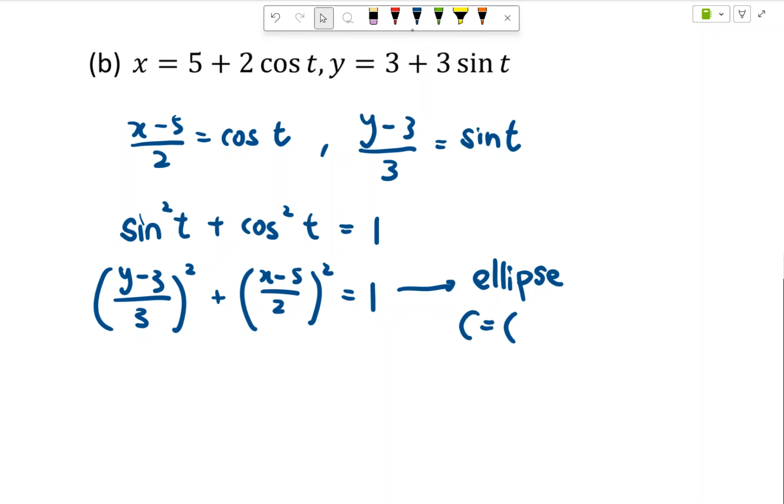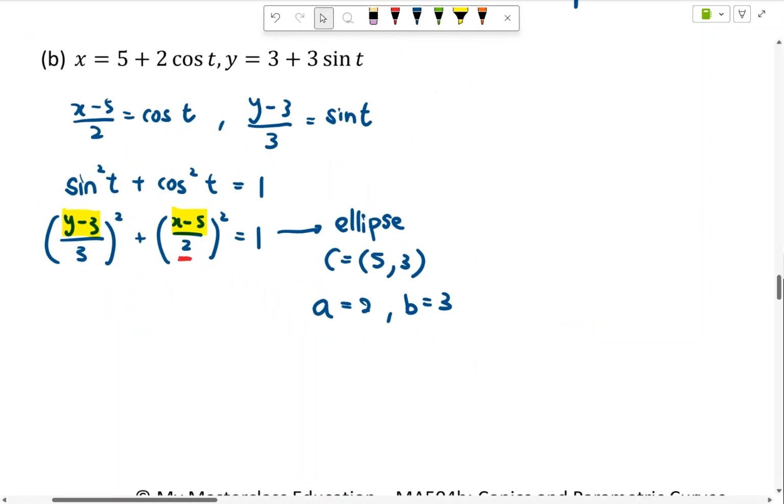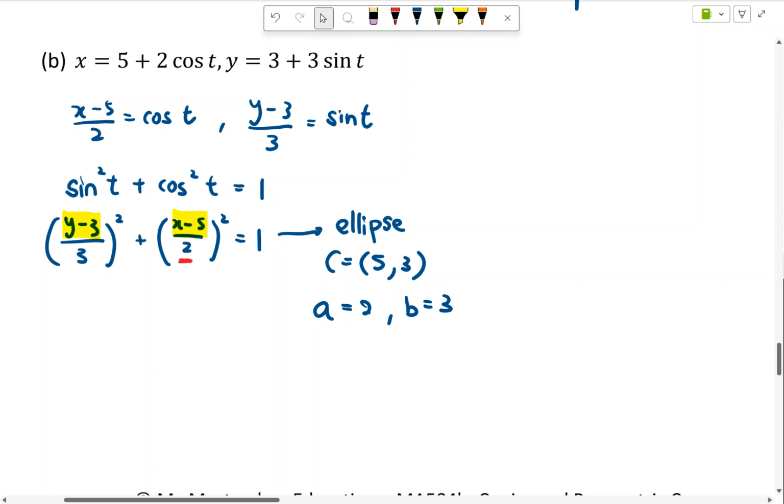Look at the x coordinate, the center is 5, comma, look at here, the y coordinate is 3, as well as what is the a? The a is the horizontal distance equal to 2, and then b equals 3. Now be careful, because b is bigger than a, right? When you are going to draw the ellipse on your GC, you have to choose correctly which one to use.